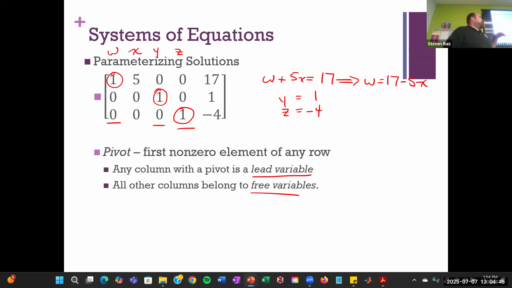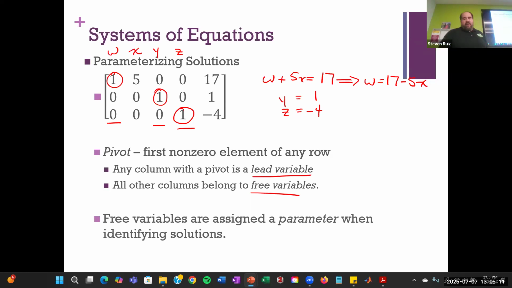So we talked about this last time. We have an infinite number of solutions for this system, but we can still be specific about the conditions we have to meet to have one of those solutions. So y and z, the conditions are very clear there. w and x can be related in some way, but there's an infinite number of ways to satisfy those.